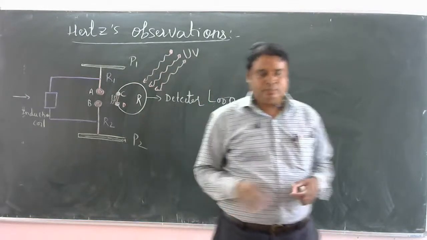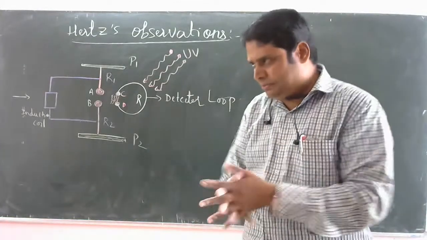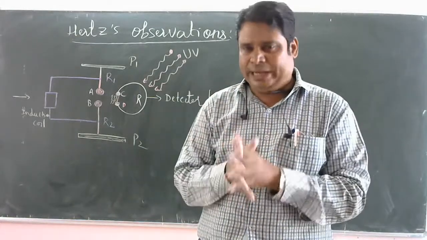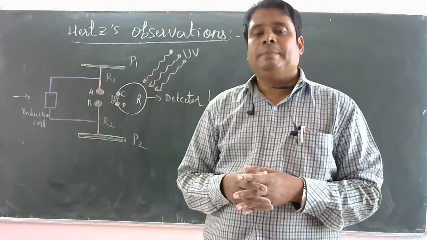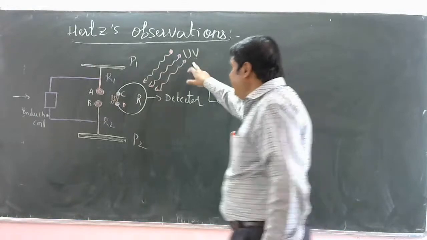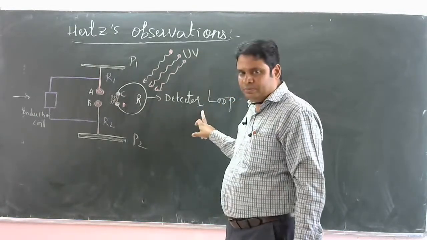Let me repeat. In his experimental setup, to detect electromagnetic waves, Hertz allowed ultraviolet radiation to fall on this detector loop.